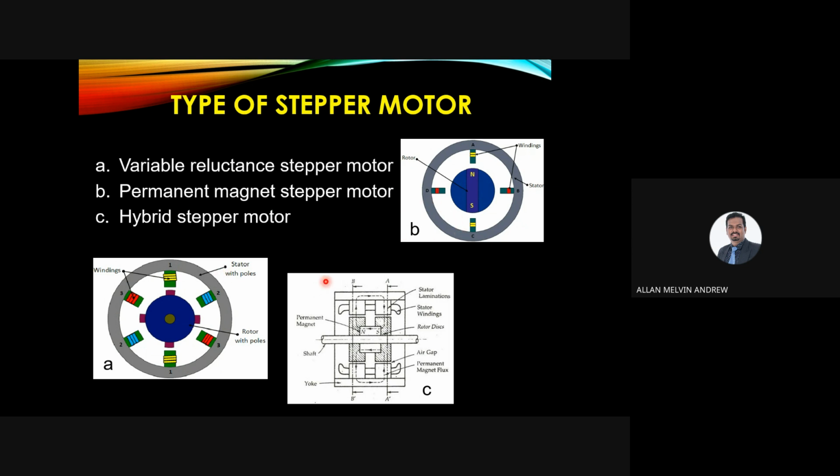In some cases, we can have a hybrid stepper motor. We have a permanent magnet in between, and the other types of rotor and stator inside. So it can be a combination of A and B.